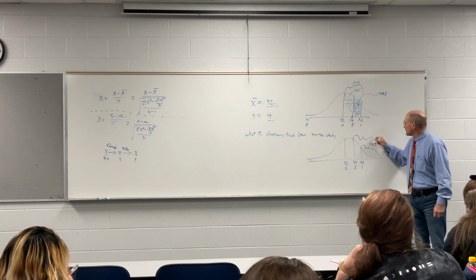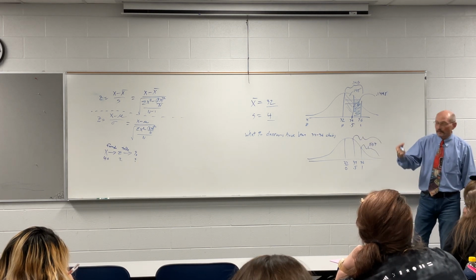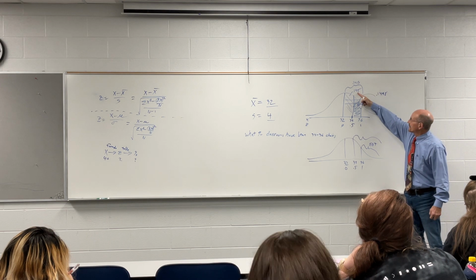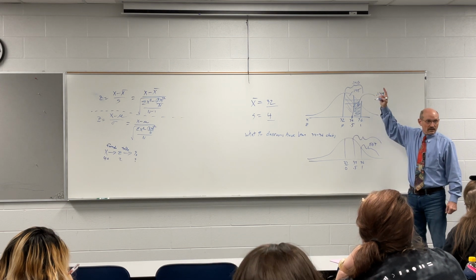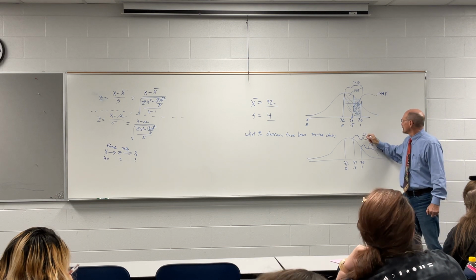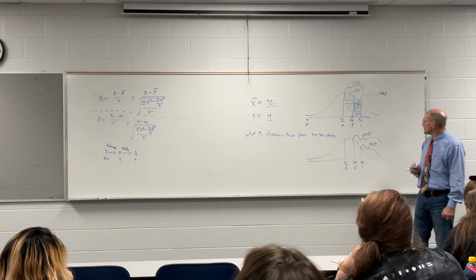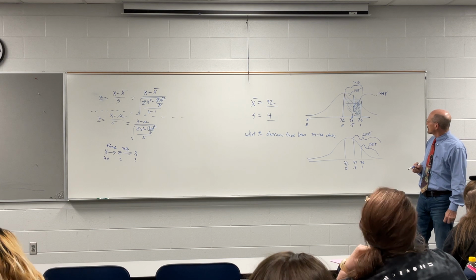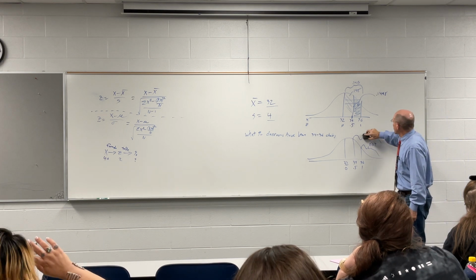This area is 0.5 minus 1915. It's going to be 0.2085. No, it's not right there. 3085.